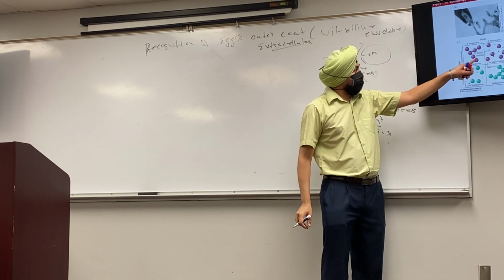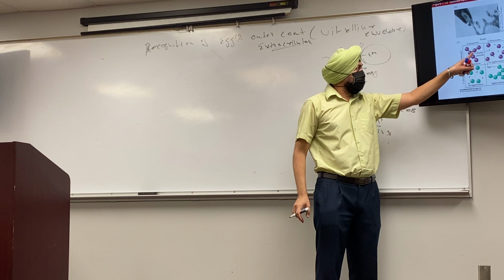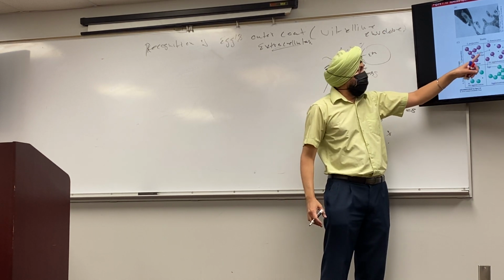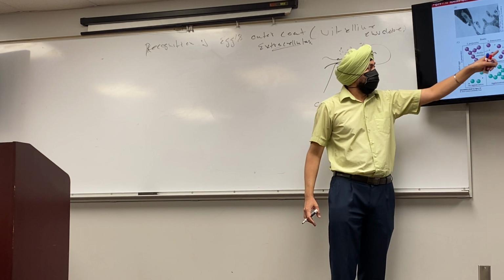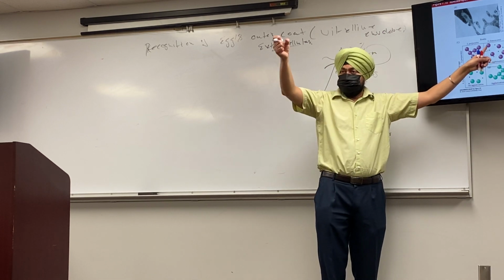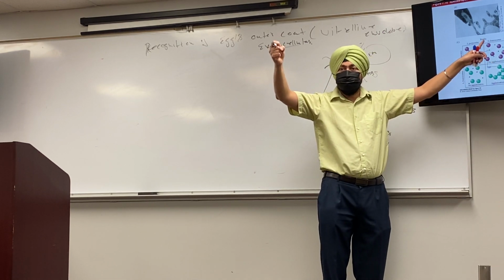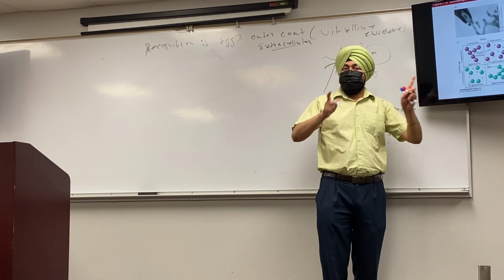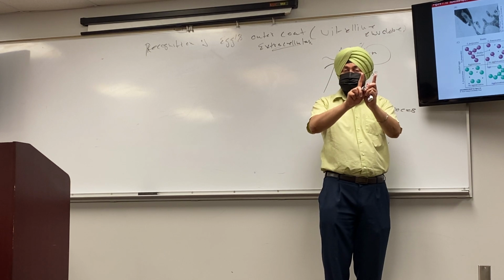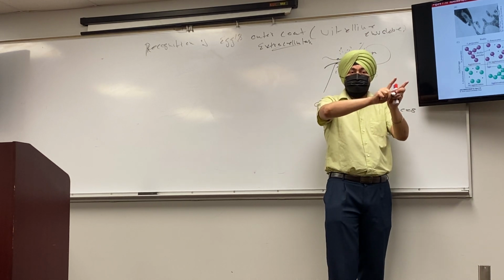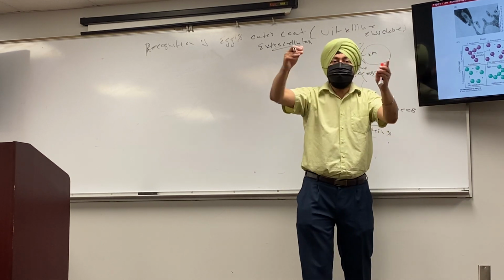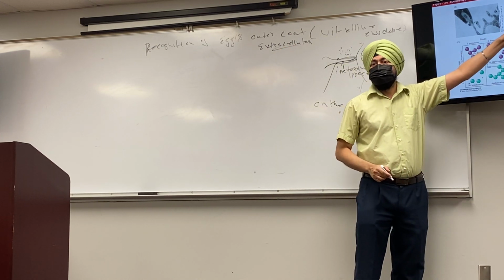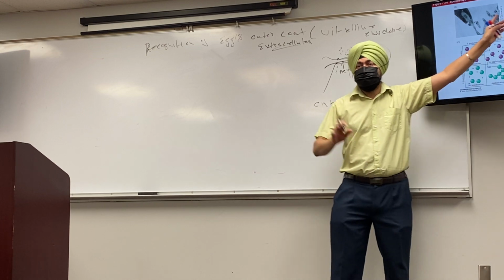If you take bindin protein from the same species, then you can see this bindin is binding to all the eggs. But if you take bindin protein from a different species, green is the different species, this doesn't bind to the egg, right? So it means bindin is very species specific. The same bindin can bind to eggs of the same species, and bindin is present right here on the acrosome process. Making sense so far?